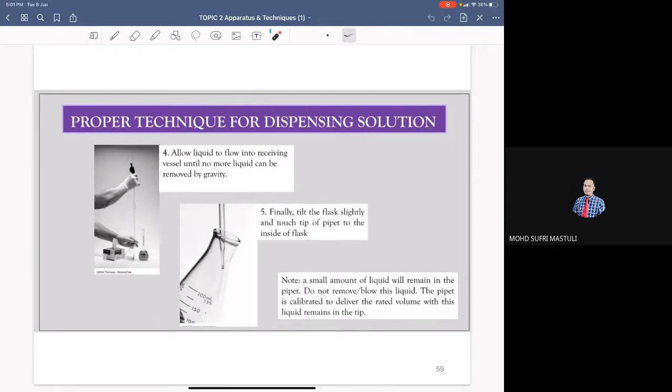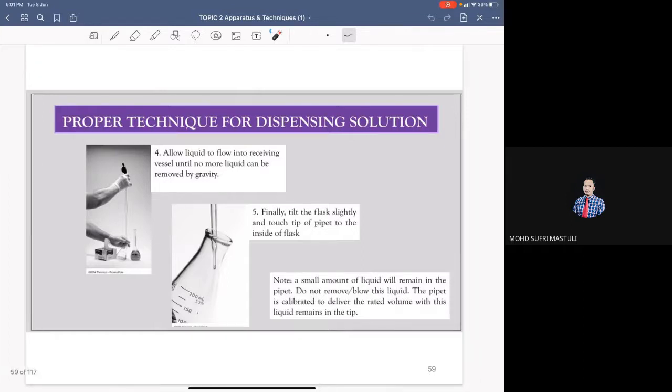Finally, tilt the flask slightly and touch the tip of the pipette to the inside of the flask. Note that a small amount of liquid will remain in the pipette. Do not remove or blow out this liquid, because the pipette is calibrated to deliver the rated volume with the liquid remaining in the tip.